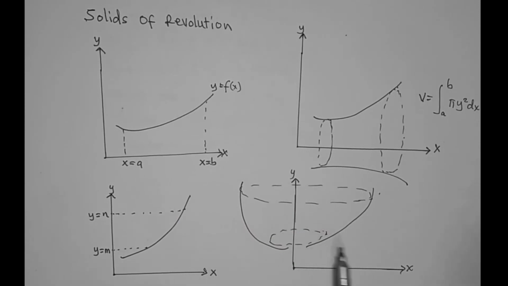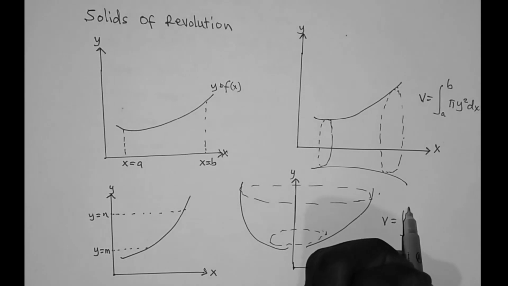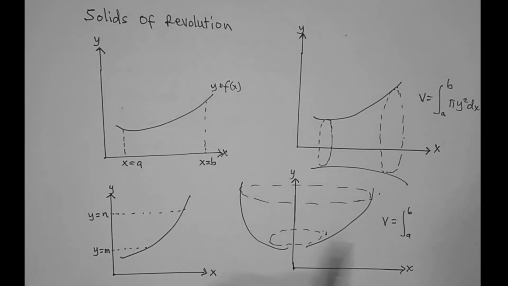But in the instance where it is rotated about the y-axis, as we've done in this case, then the volume of the solid generated is the integral from a to b. Sorry, in this case, it is from m to n, because y equals m is the lower limit, and y equals n is the upper limit.